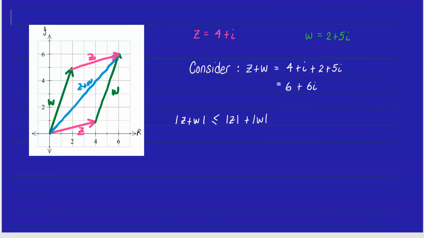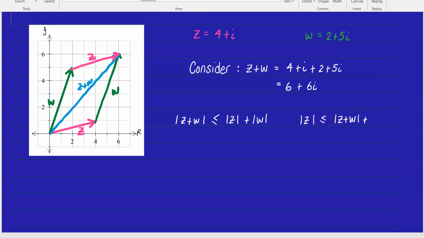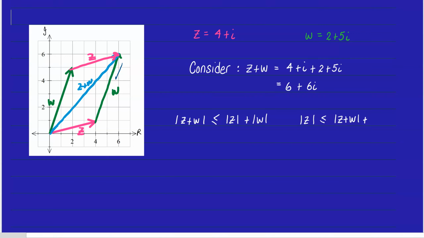Now, that's probably the one that we know and love the best, but you could also look at, what if I looked at z here? Could we say an inequality from that? So z would be less than or equal to z plus w plus, now because I'm going back the other way, it's not plus w, it would be plus minus w.